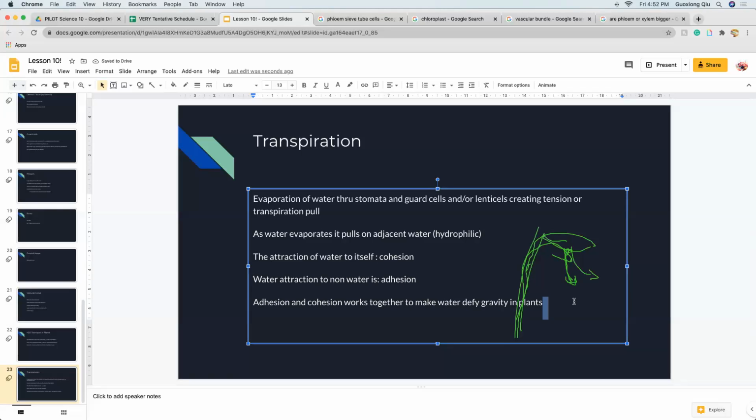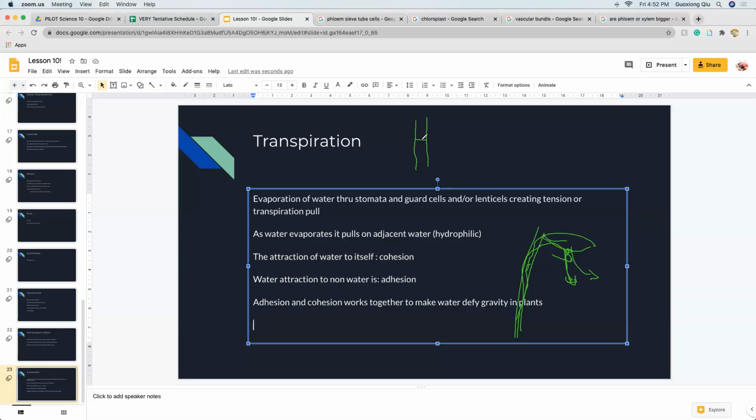An example of how adhesion works: if you've ever looked in a thin tube that you filled with water, when the water is filled up, it doesn't look like a straight line.